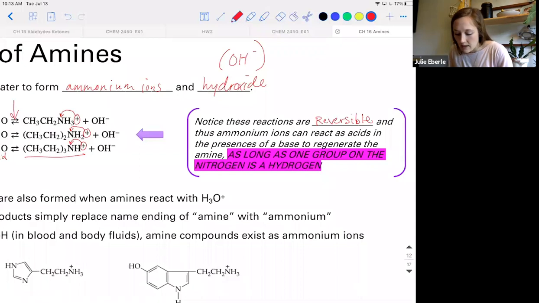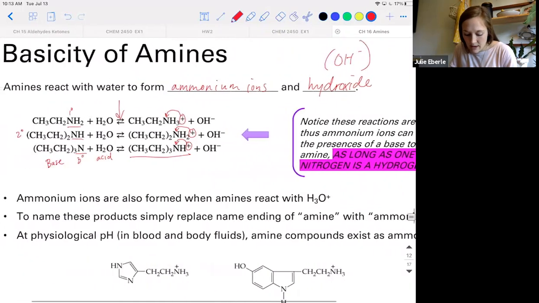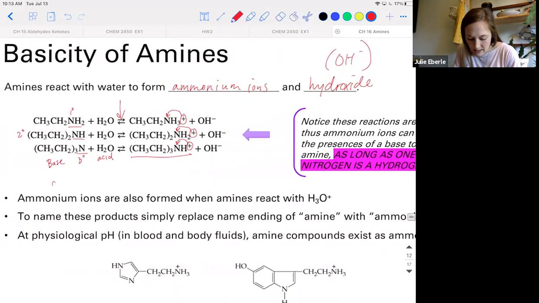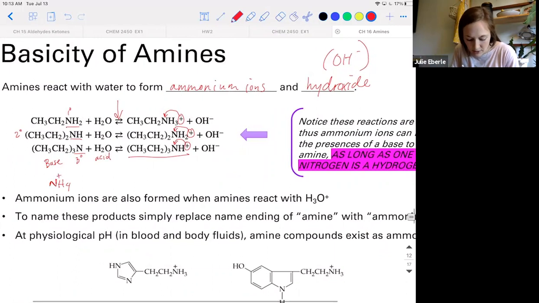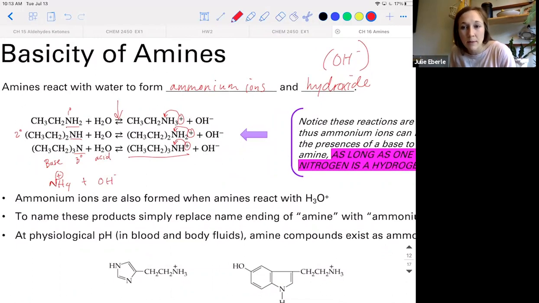Because they're reversible, if we look at it from the other angle, if we have some kind of NH4 molecule that has a plus charge on the nitrogen, an ammonium ion, plus OH minus, which one is the acid and which one is the base?